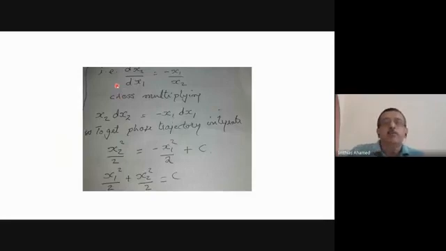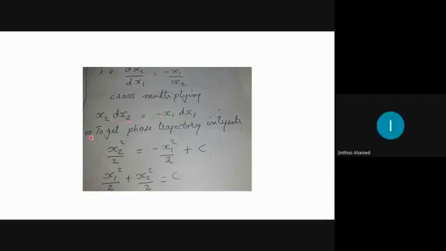So dx2 by dx1 is minus x1 by x2. You have to integrate this. When you cross multiply, what do you get? x2 dx2 is equal to minus x1 dx1. To get phase trajectory, what we should do? We should integrate this. I said all of you are good in integration.